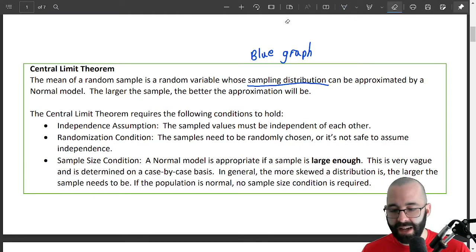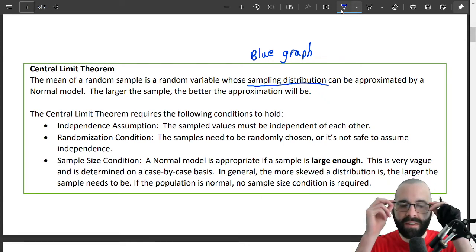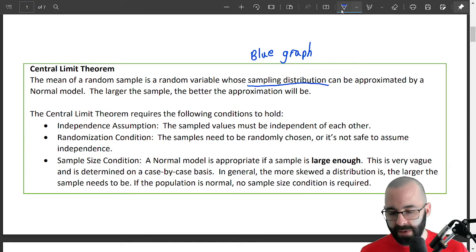So lots to unpack here. And we have some requirements. We're going to require that everything's independent. That's a pretty common requirement for a lot of what we're doing. Samples need to be randomly done. That's our randomization condition. And finally, there's a sample size condition.